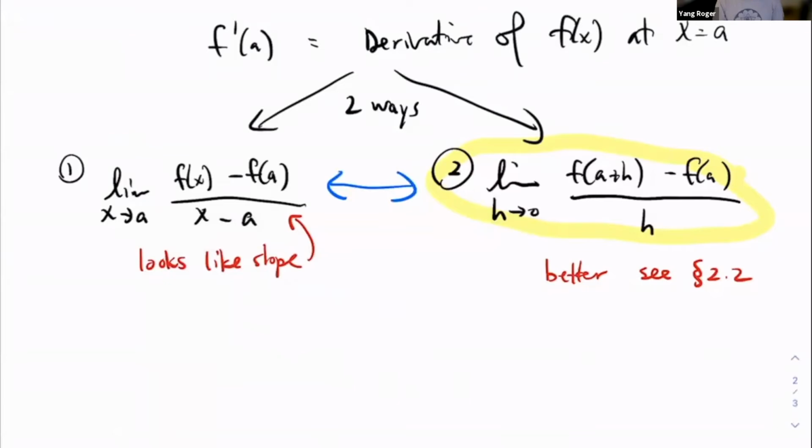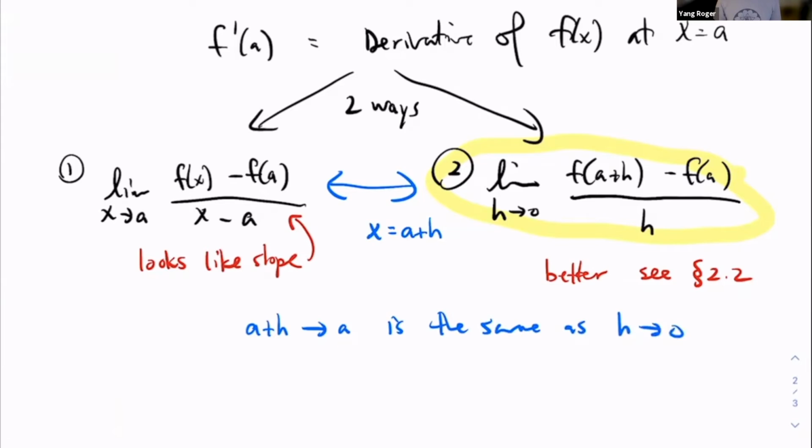How are they connected? If you let x equal a plus h, then having a plus h going to a is the same as h going to 0, right?